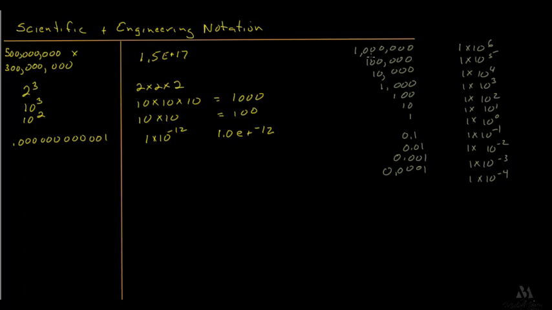On the left-hand side, we're basically counting the number of zeros, or the number of places to the right of our first number. However, when we get to the right-hand side of the decimal place, we are going to include our first digit. So on the left, it's up to the first digit, so we got 6 places up to the first one. On the right-hand side, we are going to include this, so we've got 4 places, including the 1.